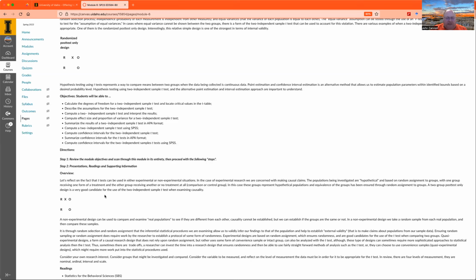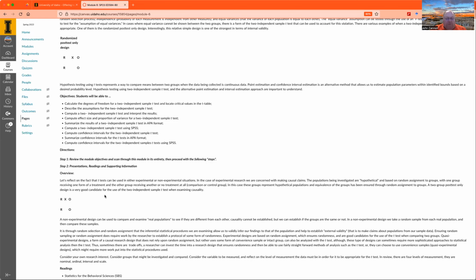It is through random selection and random assignment that the inferential statistical procedures we are examining allow us to validly infer our findings to that of the population and help to establish external validity. That is, to make claims about populations from our data sample.